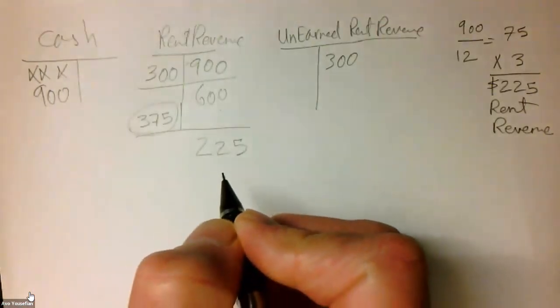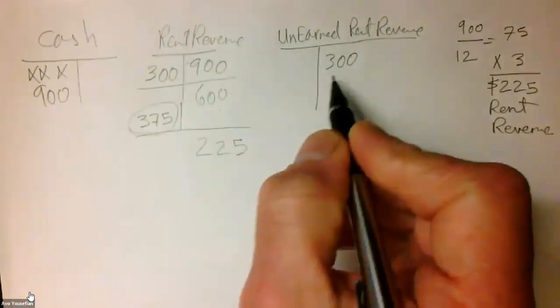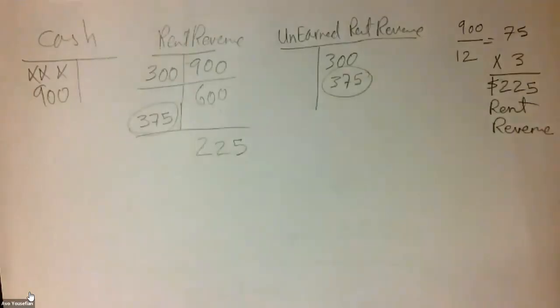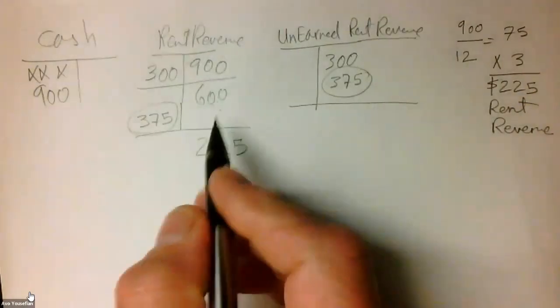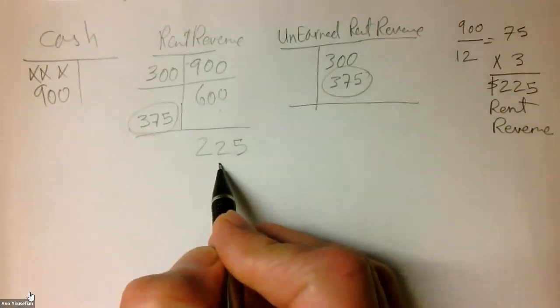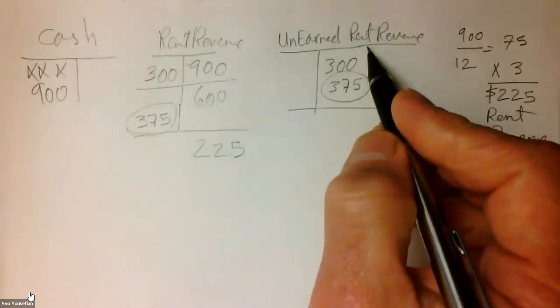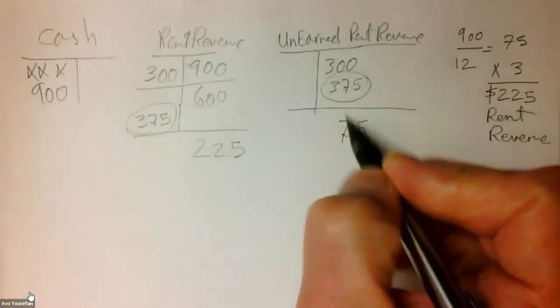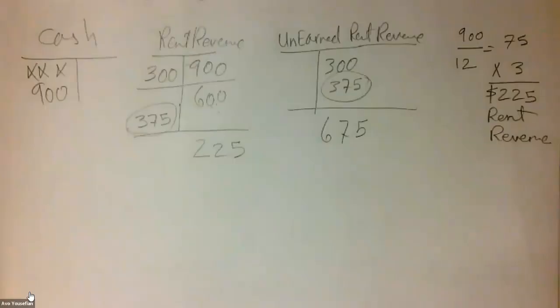That's your adjustment. That's a debit. And you credit unearned rent revenue. By doing that, 600 less 375, that's 225 rent revenue. And your unearned rent revenue goes to 675. So your liability will go up and your revenue will go down.